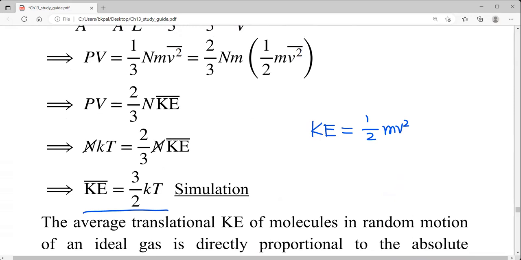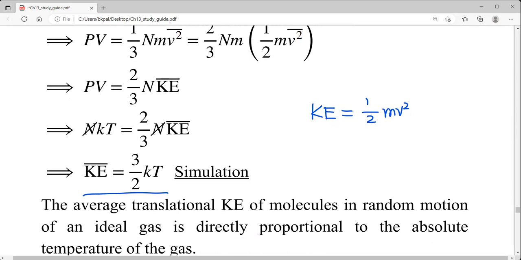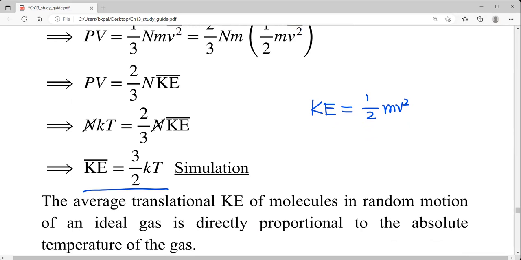In physics 1, you learned that the kinetic energy is equal to half m times v squared, where m is the mass and v is the speed. And the kinetic theory of gas tells us that the average translational kinetic energy of molecules in random motion of an ideal gas is directly proportional to the absolute temperature of the gas. Here T is the absolute temperature.